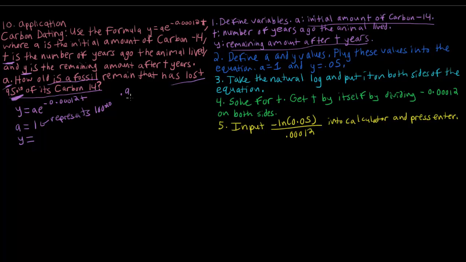And how much is left from our A value, which is 100%? Well, it'd be 0.05 because there's 5% left. And 0.05 represents the 5% remaining carbon-14.